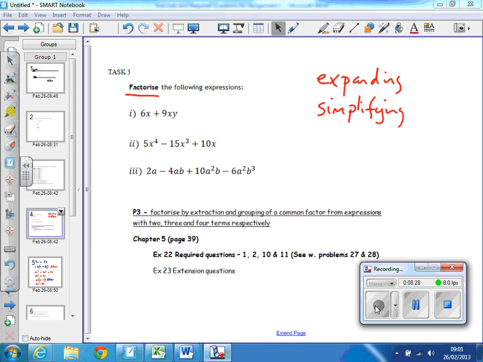So now have a look at some of these questions in this exercise and see how you get on, and then try the task in the assignment. Okay.